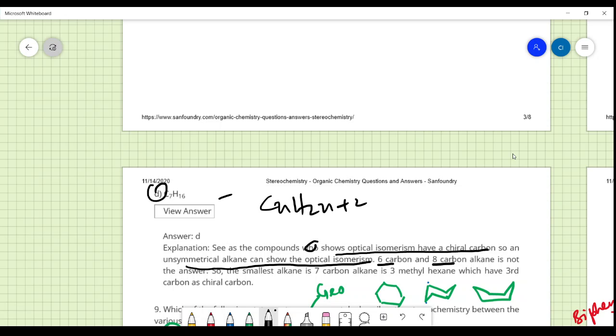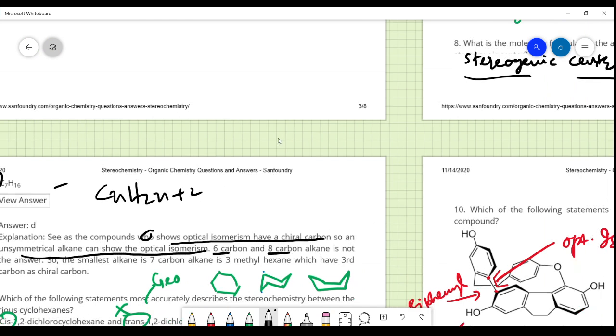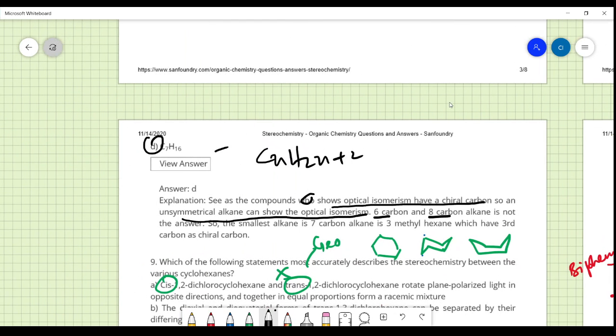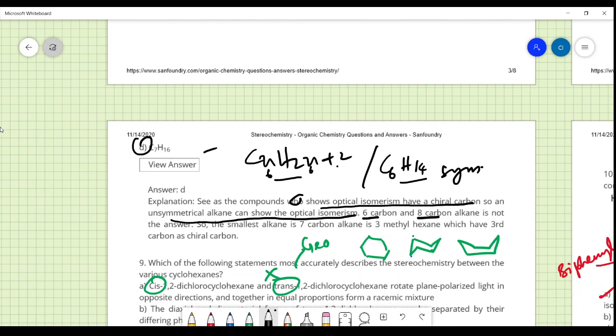You can see why. What are the options given there? If you see C6H14, it is an alkane, CnH2n+2 formula. C6 means 2 into 6, 12, plus 2, 14, so it is symmetrical. And likewise, C8H16 is also symmetrical.